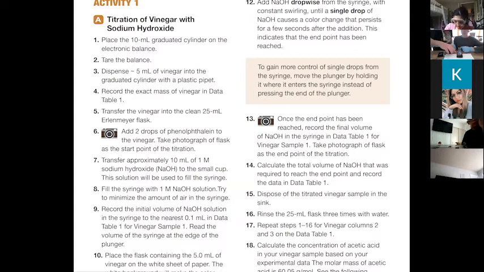Now we want to tare this so it's 0. Okay, there you go, and just empty the whole thing in there. See, because now we can measure precisely the mass.